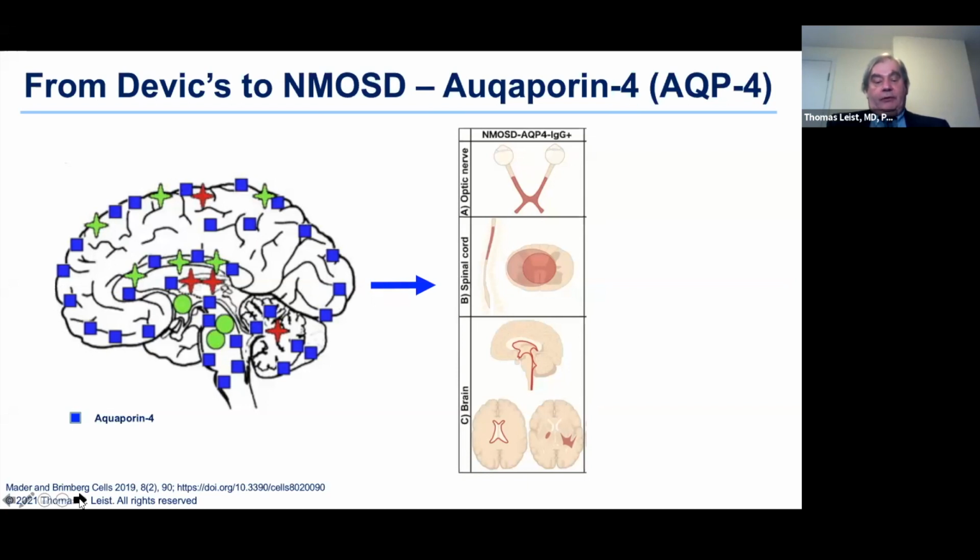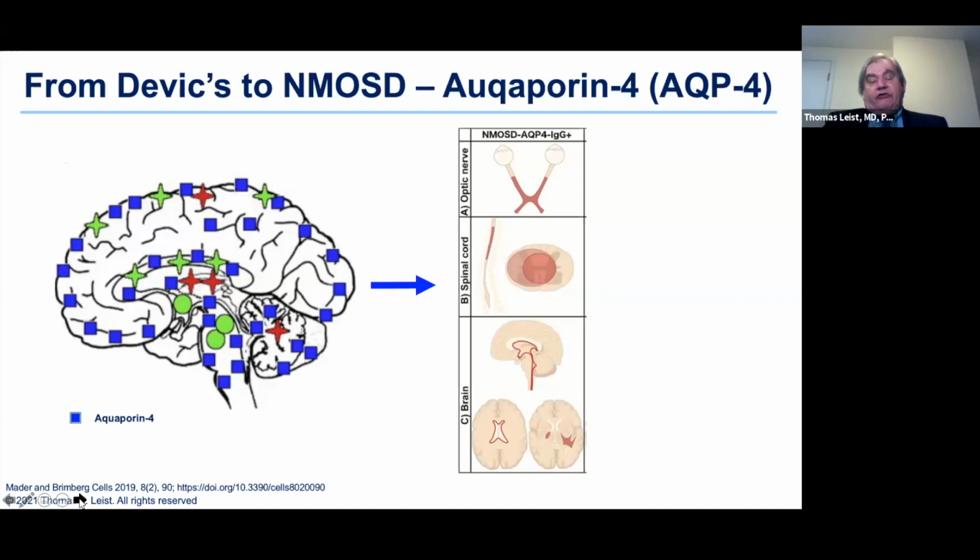You see the spinal cord, again an area where there is a lot of expression of the aquaporin 4. And then on the bottom you see these areas around the ventricles where aquaporin 4 is also significantly expressed.